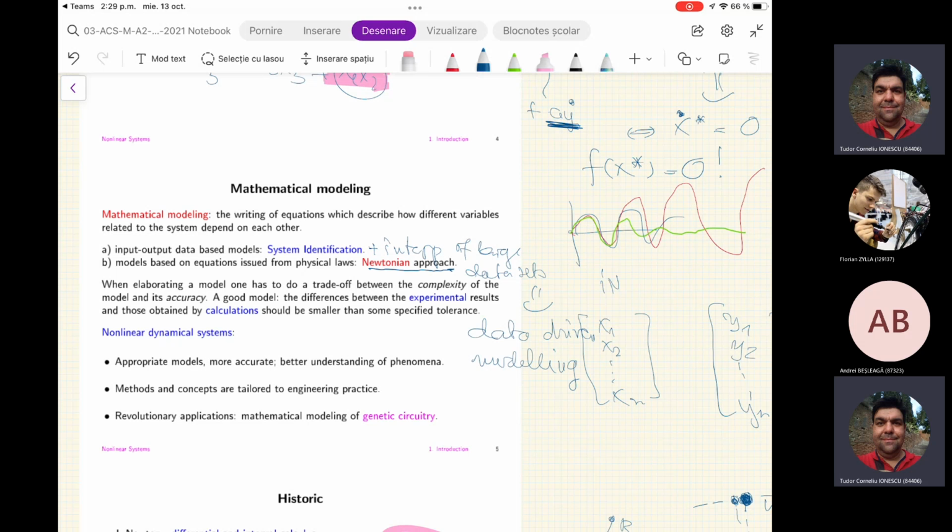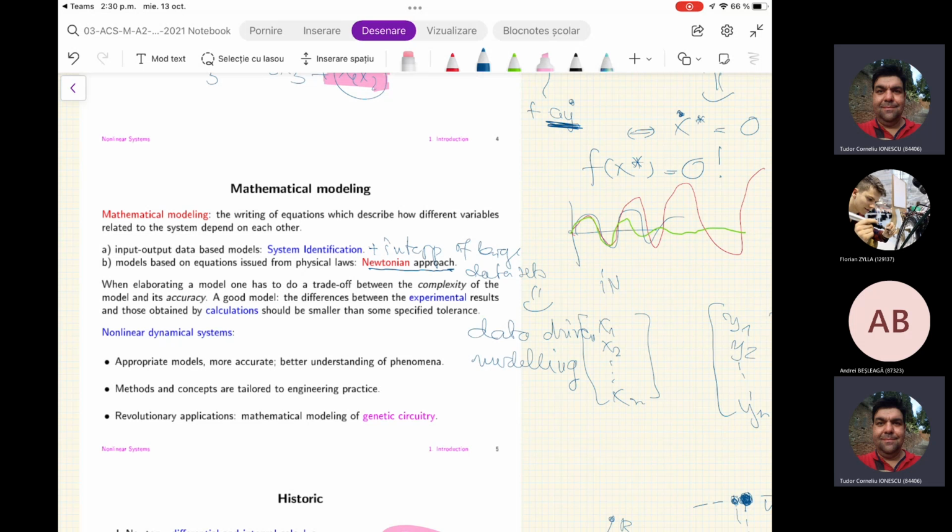Okay, and there is a whole area studying the possibility of approximating complex and large scale or largely dimensional models with smaller, simpler models to capture the main input-output behavior. But that's a different story, and that's a different course. And I did that last semester. Okay. Nonlinear dynamical systems.